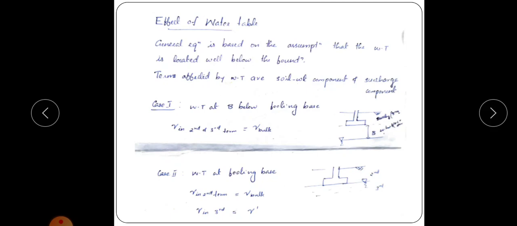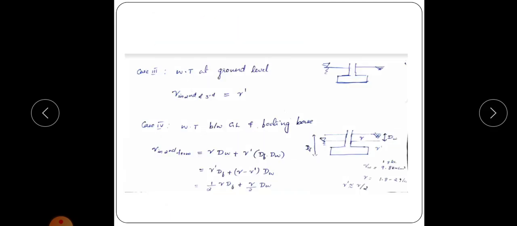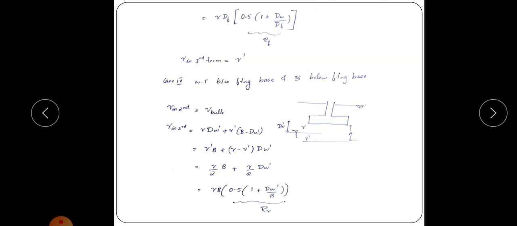And next two cases are if the water table is in between ground level and footing base, that is if the water table is within this depth, somewhere between ground level and footing base, that is one case. And another case, if the water table is between footing base and B below the footing base, that is somewhere between this depth. That is another two cases.